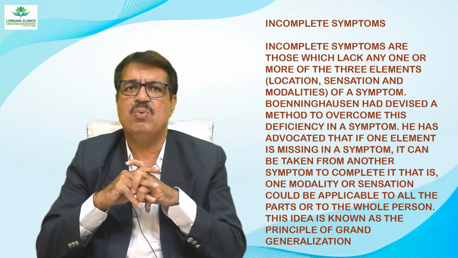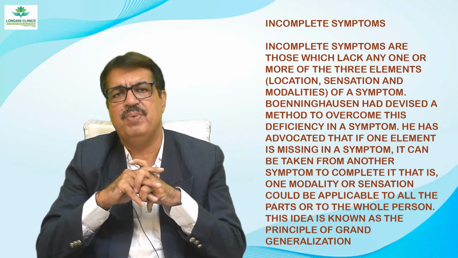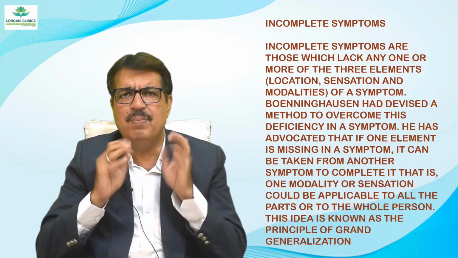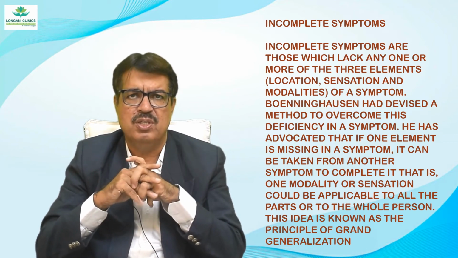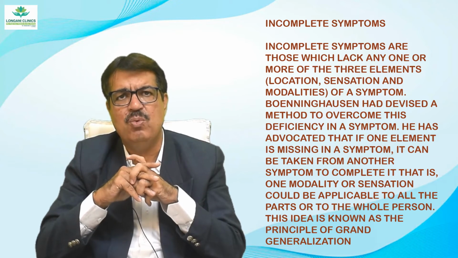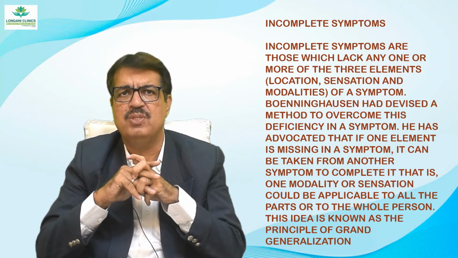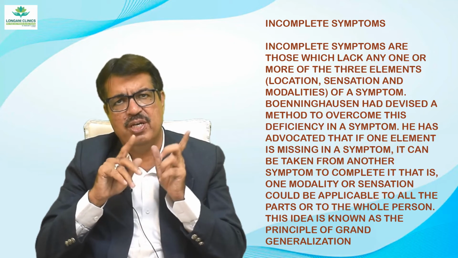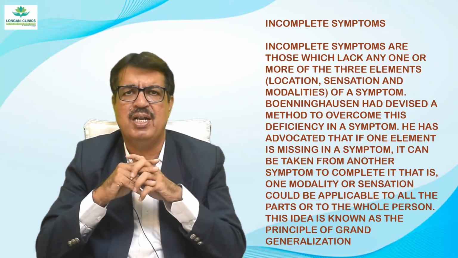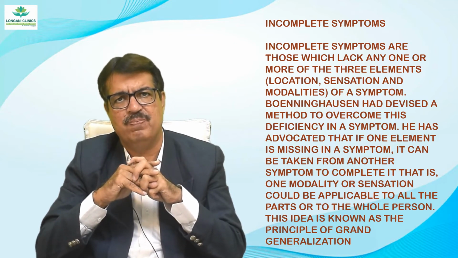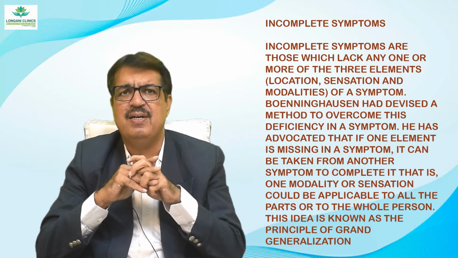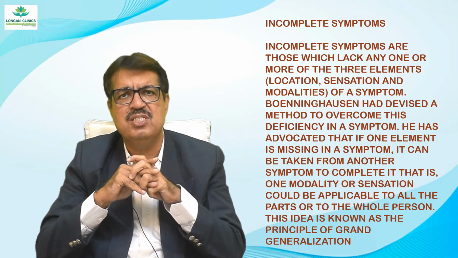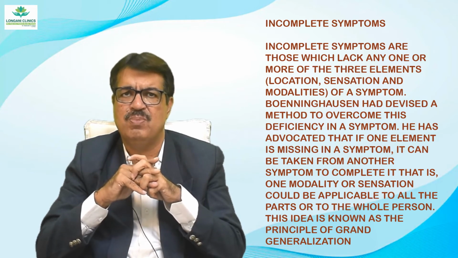Now we will see what we mean by incomplete symptom. Incomplete symptoms are those which lack any one or more of the three elements, location, sensation, and modalities of a symptom. Boenninghausen had devised a method to overcome this deficiency in a symptom.